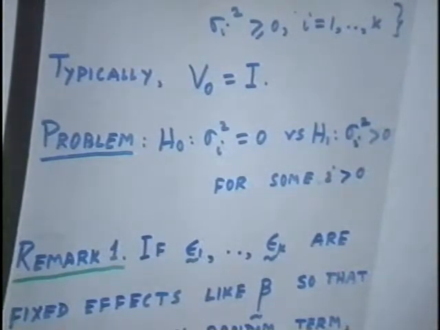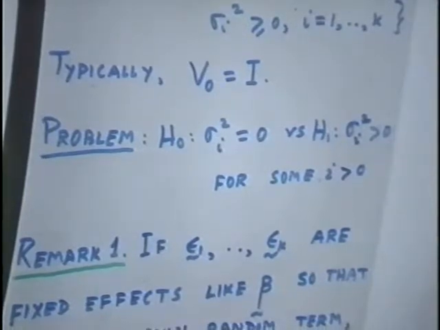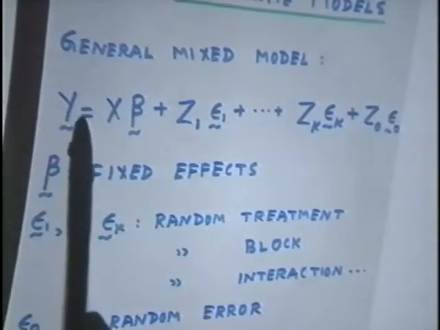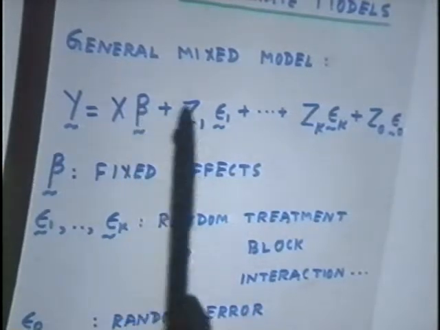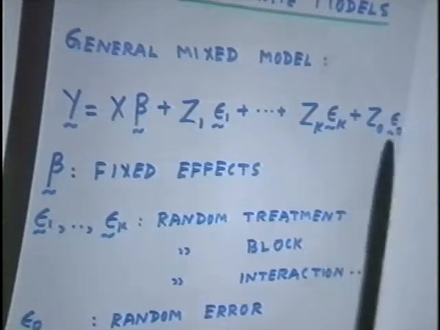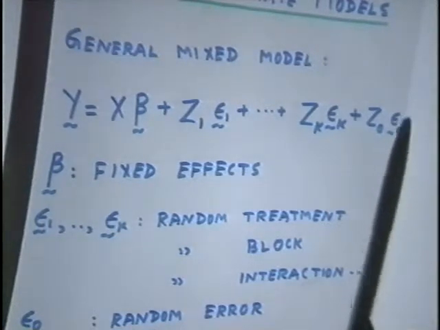What happens if the epsilons are fixed effects? In that case, if I regard all the epsilons up to k as fixed, then we have essentially a fixed effects model. All these are fixed effects, and only the last component, which is the random error component, is the random part, the measurement error.